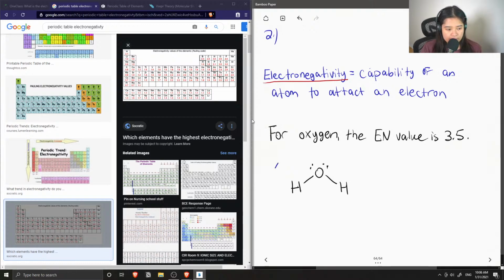So this causes a dipole moment in a water molecule, and oxygen, since it pulls the electrons more than the hydrogen, there's an uneven sharing of electrons. So this causes a partially negative side of water, and the hydrogens being partially positive. So this is why water is polar.